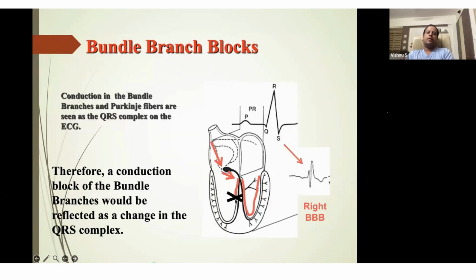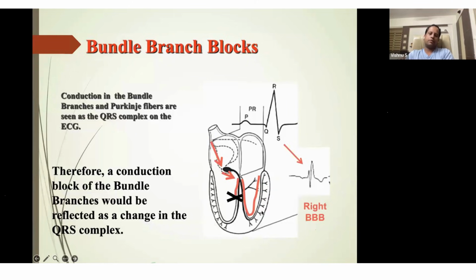The right bundle can be completely blocked, or it can conduct slowly also. From there, the left ventricle is fully activated, and then from myocardium to myocardium the activation spreads and activates the right ventricle, not through the right bundle branch. So the left ventricle activates first.